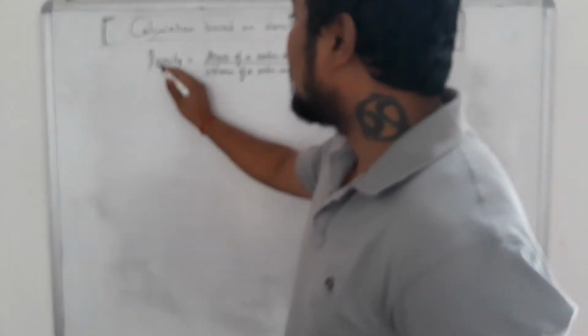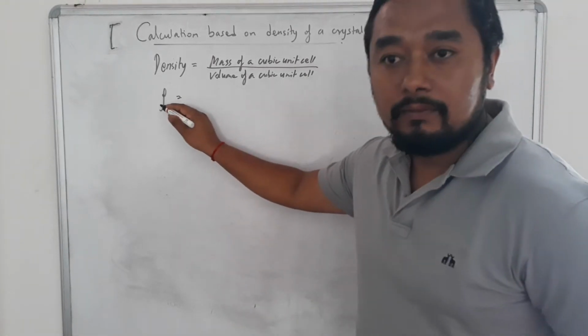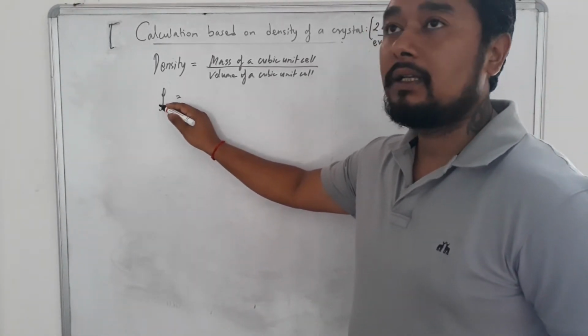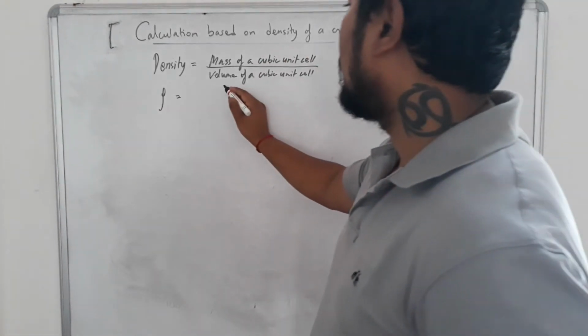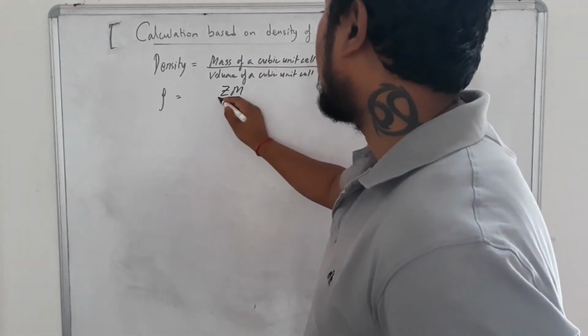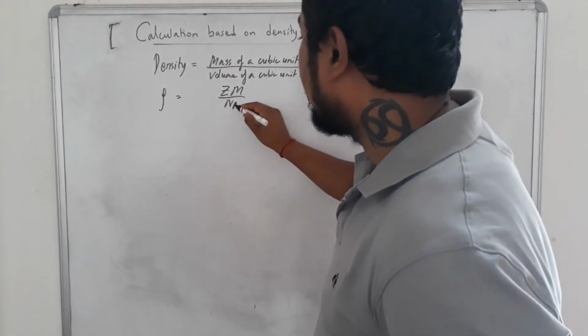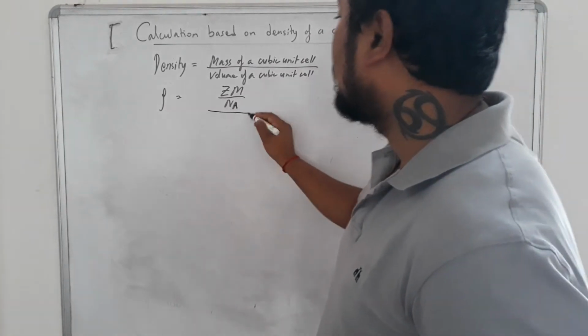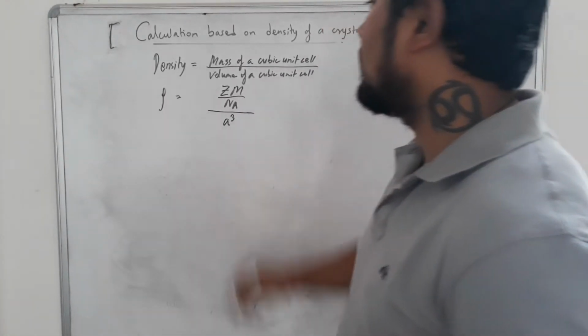Let us represent density with the symbol rho. In some boards they represent it by D, but here I am representing it by rho. The mass of a cubic unit cell is Zm by Na, and the volume of a cube, as you know, is a cube.